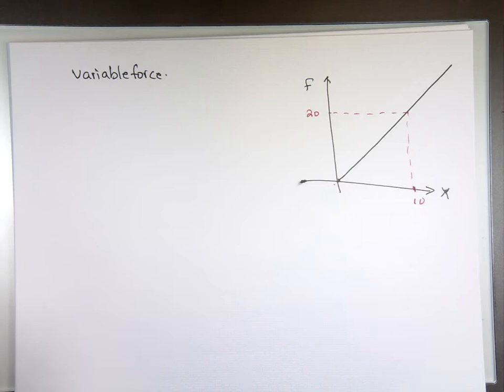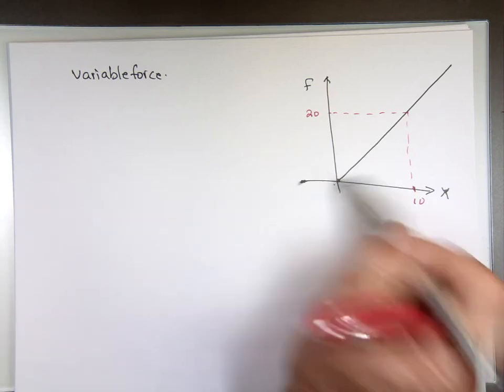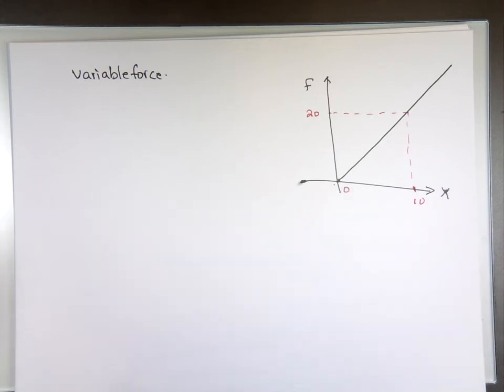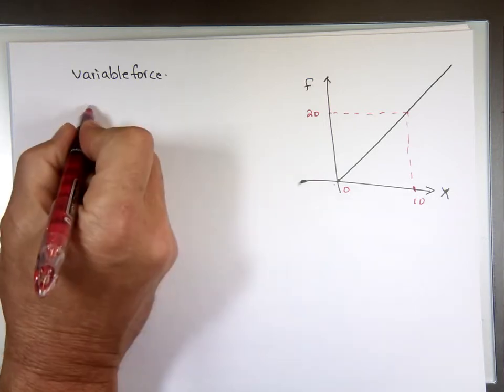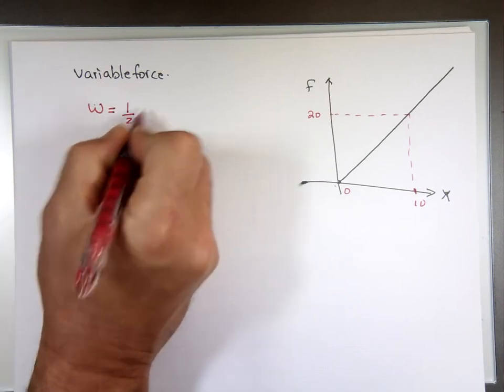If I want to find the work done to stretch that spring from 0 centimeters to 10 centimeters, what am I going to do here? I don't know what k is. I know the work done is 1/2 kx squared.